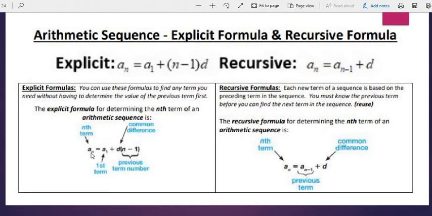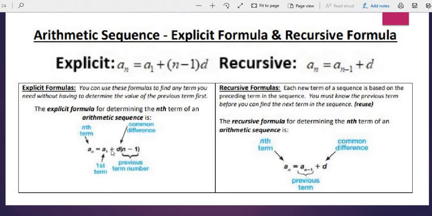When I say a sub n, this stands for any term that I need. The a sub 1 means this is the first term of your sequence, and then the d, whether the d is in front of the set of parentheses or back behind it as it is here, still means the same thing. That is your common difference. There's always a plus right here in the middle of this formula.